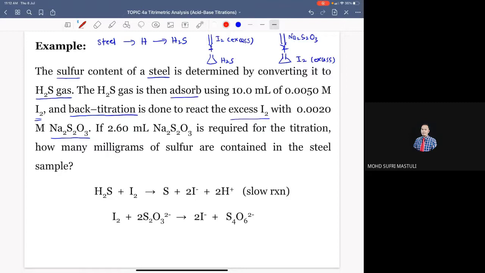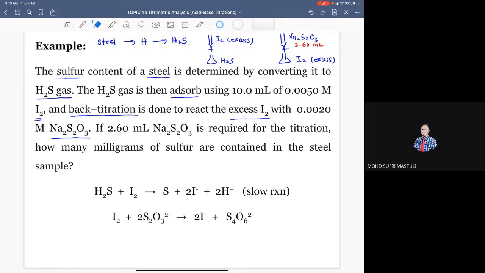So if 2.60 ml of sodium S2O3 is required for the titration, how many milligram of sulfur does it contain?